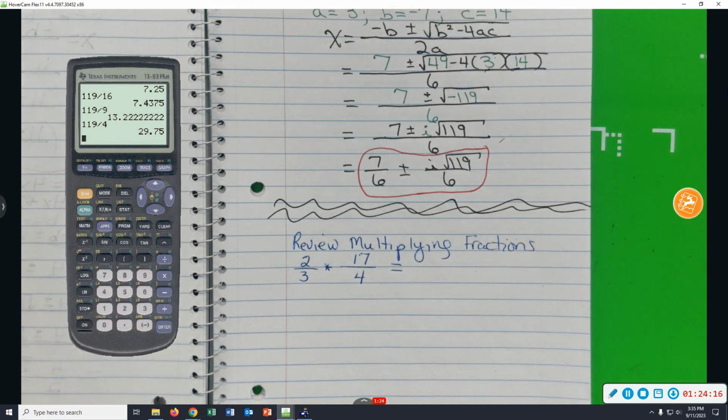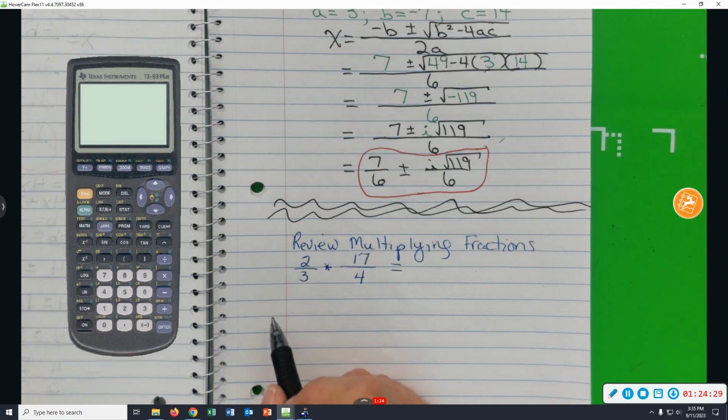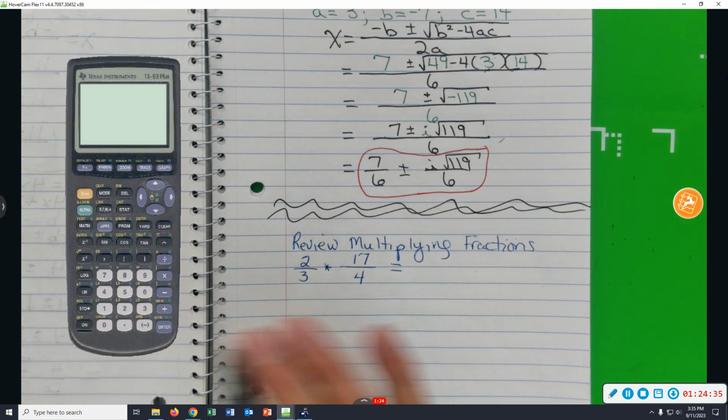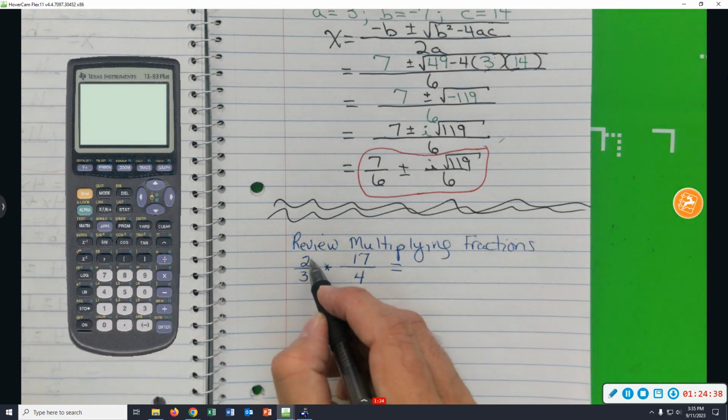To multiply fractions, the basic rule is just multiply straight across and then cancel if necessary. But there's something else you can do called cross-canceling. You can do this with multiplying fractions. You can't do it when you're adding or subtracting or dividing. But when you're multiplying, do you remember cross-canceling?